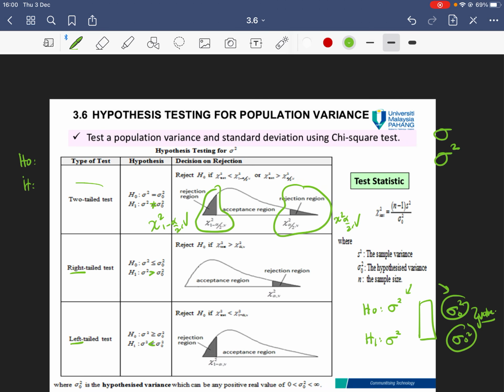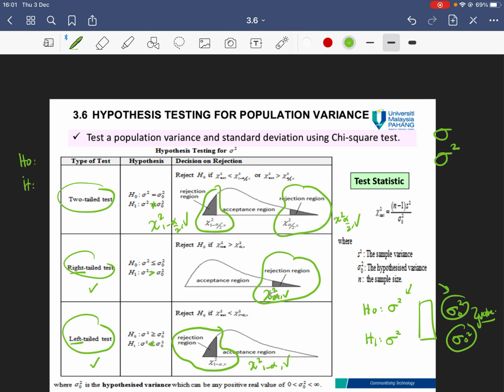For the right tail, only the right shaded region, chi-square alpha, nu. Alpha is not divided by 2 because only one tail. For the left tail, shaded region at the left, you will have chi-square 1 minus alpha, nu. Alpha is not divided by 2 because of one tail.